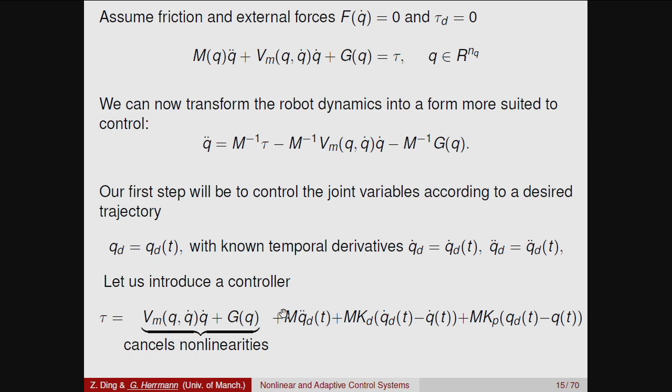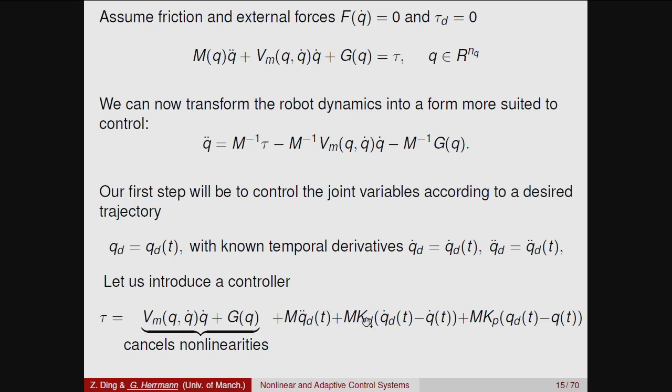In addition, if we have knowledge of our mass matrix and of our demands, we can multiply our mass matrix times the demanded acceleration, and we are introducing extra terms here.